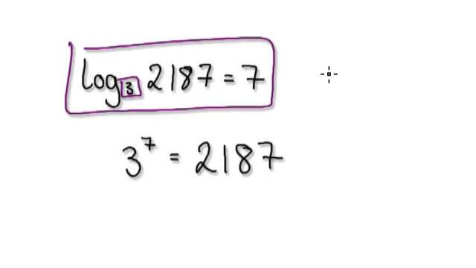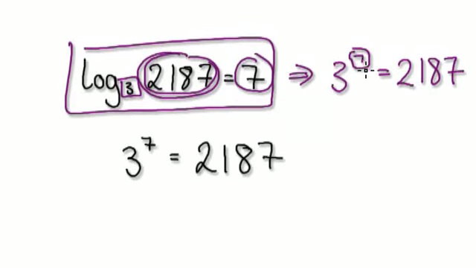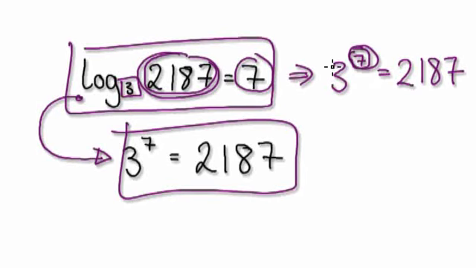So when you come to translate it, it will be 3 to the power of what will give me this number here. Looking at this, it is 7. So when you come to translate this, it will look like this. Look, this 7 here is 7 here, and so on.